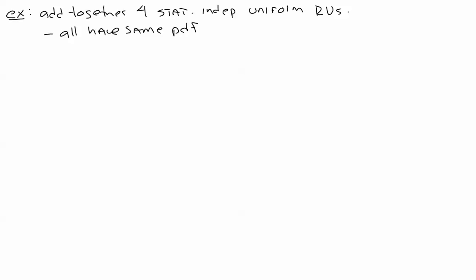To get an approximate Gaussian, I only have to add together a number of statistically independent random variables. I'm assuming, just for simplicity's sake right now, that I've got 4 that are uniform and have identical probability density functions. All right.